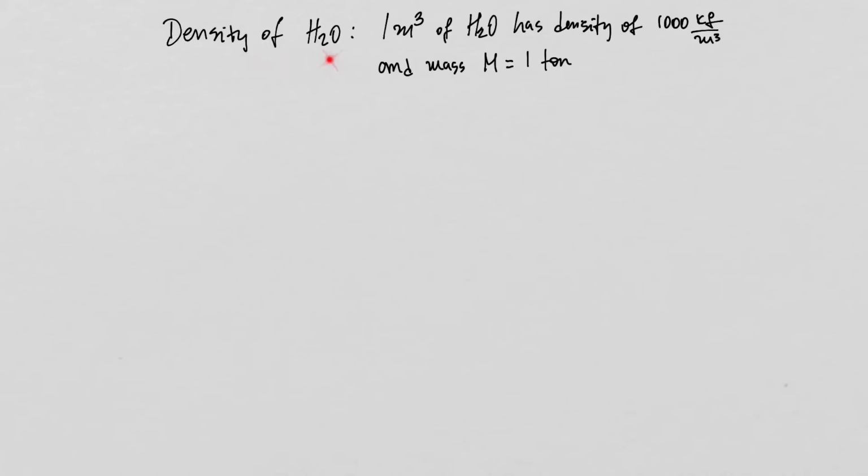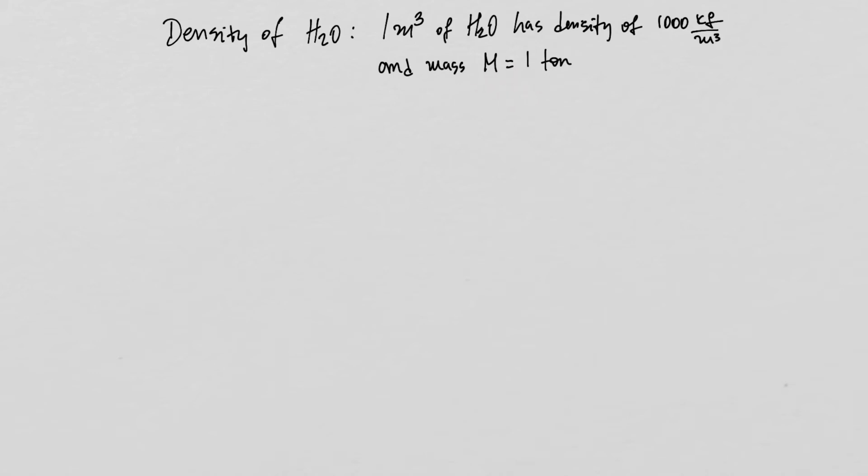The density of elements and substances varies a lot. Let me give you two values just to show you how much of a difference we can have for the same amount of material. The density of water is, for a cubic meter of water, the density is 1,000 kilograms per cubic meter. And that much water has a mass of 1 ton.